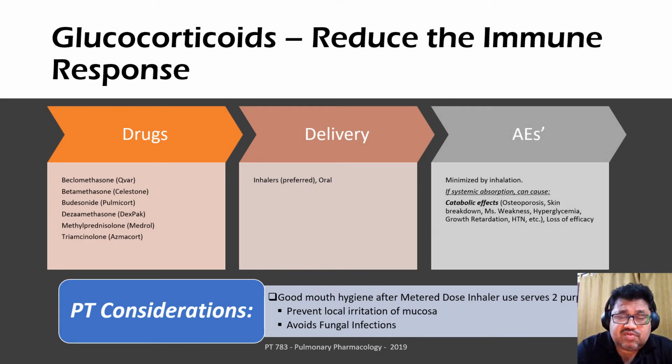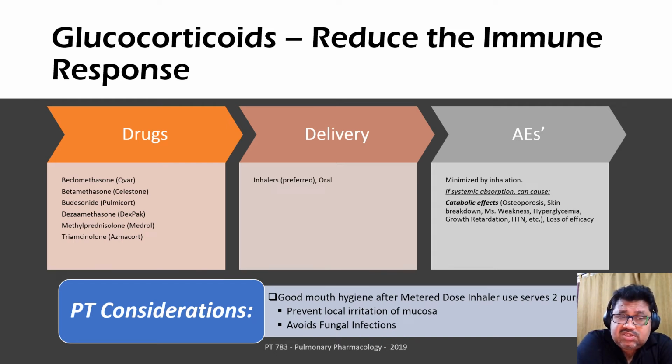Another drug that is used for long-term control of asthma-like symptoms are the glucocorticoids. The glucocorticoids are used in any condition that induces an immune mechanism as the basis of the disorder. Since asthma is an immune reaction, glucocorticoids work very well in controlling the long-term inflammatory reactive airway disease.